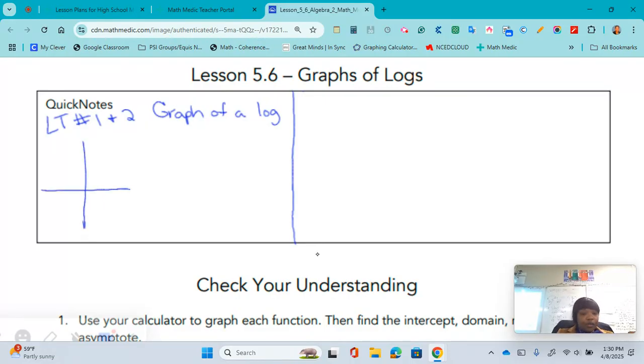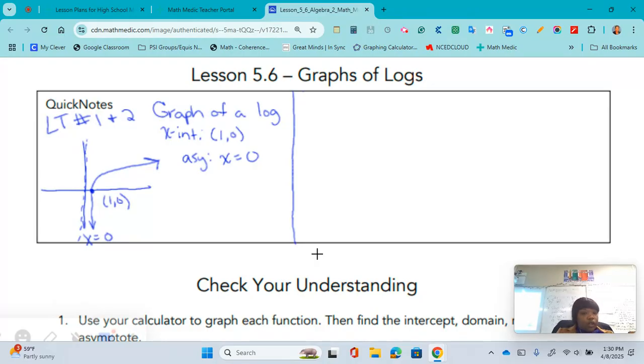When we're dealing with graphs of logs, we're dealing with a graph that has an x-intercept at (1, 0). We have an asymptote at x equals 0, which is a vertical asymptote.